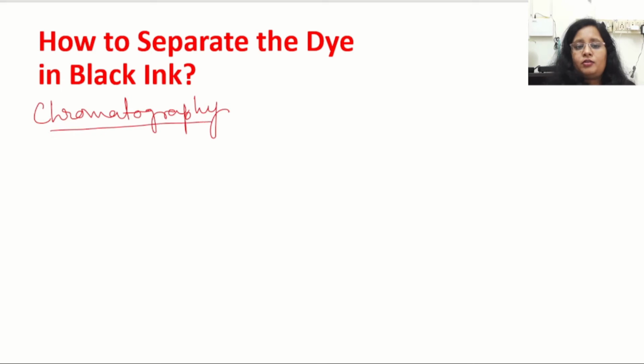In this method, we will take a strip of filter paper and mark a line with a pencil at 3 centimeter or 4 centimeter. Notice we will mark with the pencil only. After that, we will put a drop of black ink, which we are going to check, in the middle of that line. Okay, this is our filter paper.